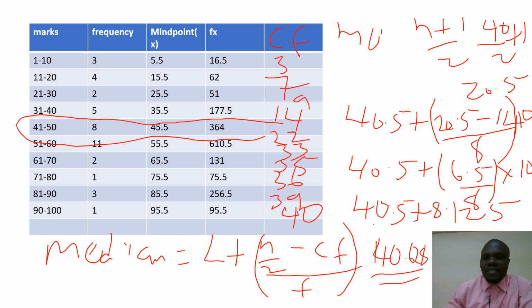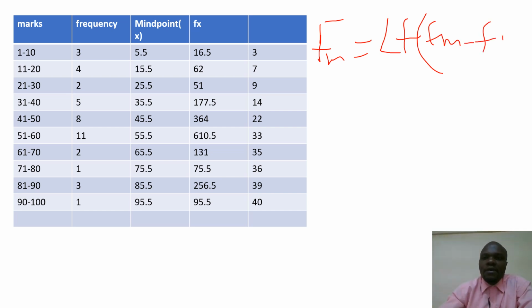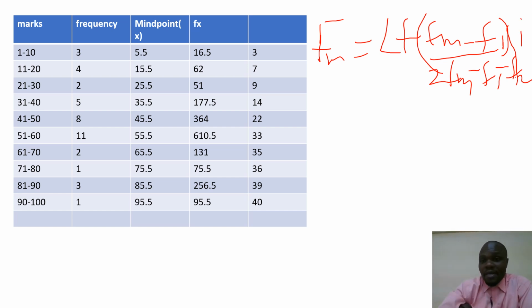So the next thing is for me to get the mode. And to get this mode, I say that my mode will be equivalent to: the mode is given by L, the lower limit, added to f mode minus f1, then divided by 2 fm minus f1 minus f2, and these I multiply by the class height.